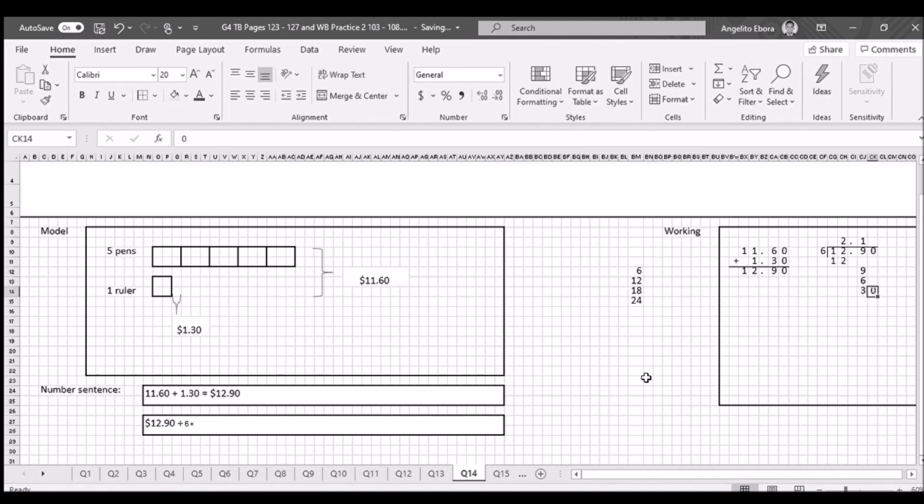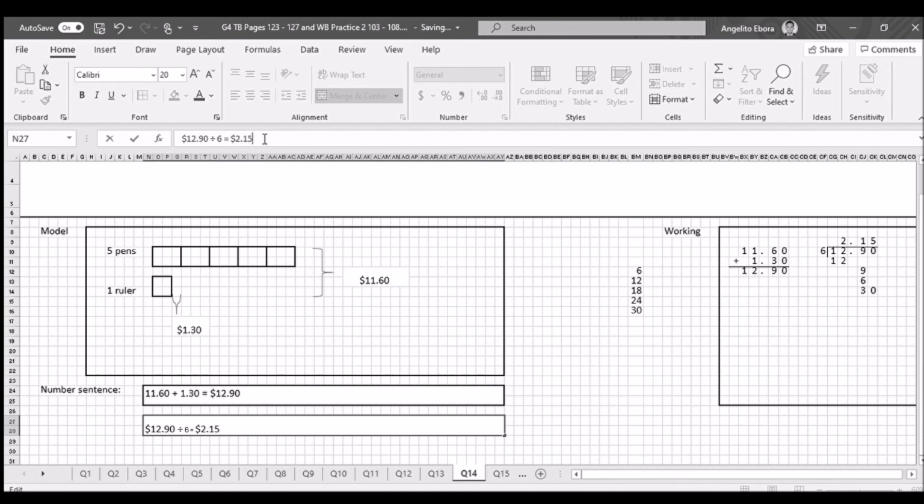So 30 divided by 6 is, okay, so 1, 2, 3, 4, 5. So 5. Okay, so there you have it. $2.15. So that's the price of each pen. $2.15.